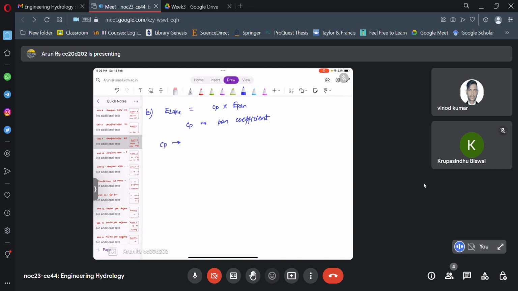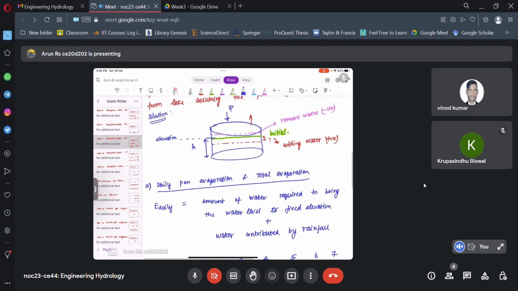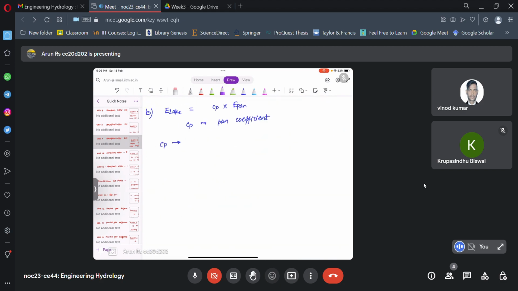Okay, we are multiplying because your pan is a closed cylinder and it is made up of metal, and it has some height h. So this pan total height is some h. Let's say this is the pan, and your lake level is this.